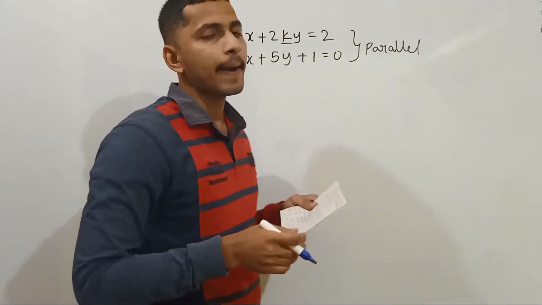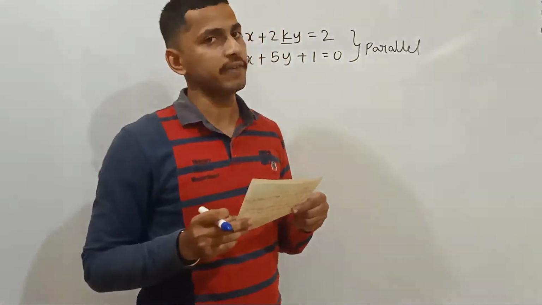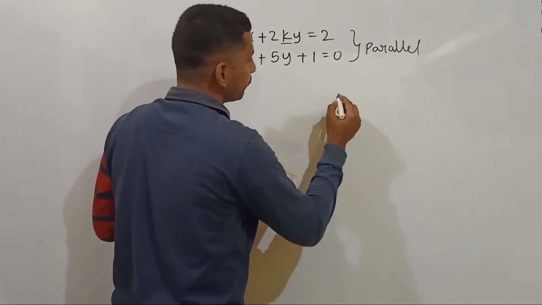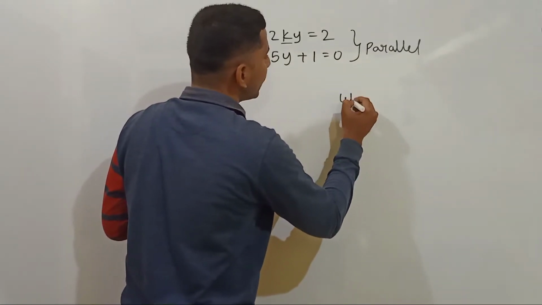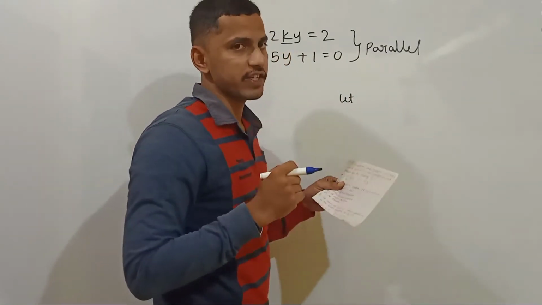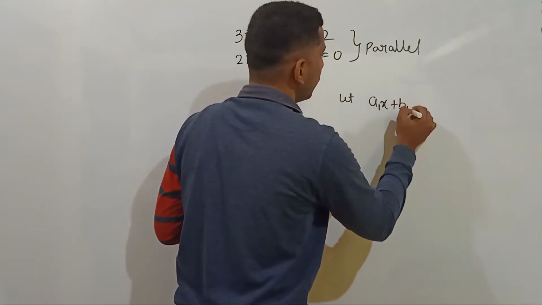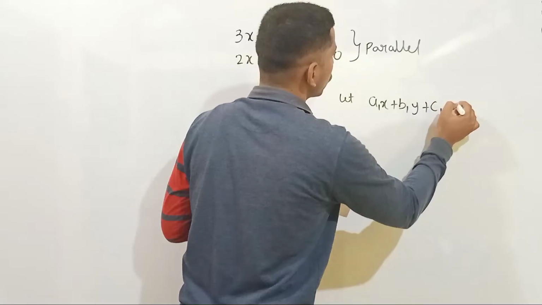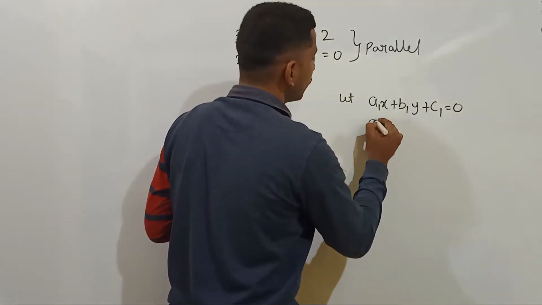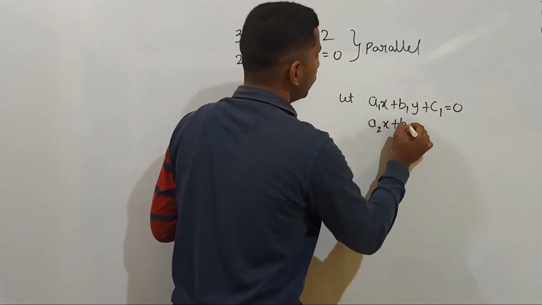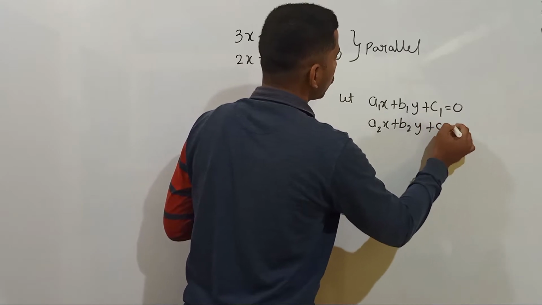If two lines are parallel, then what is the condition? Let me explain. Let us assume that we have two linear equations: a1x plus b1y plus c1 equal to 0 and a2x plus b2y plus c2 equal to 0.